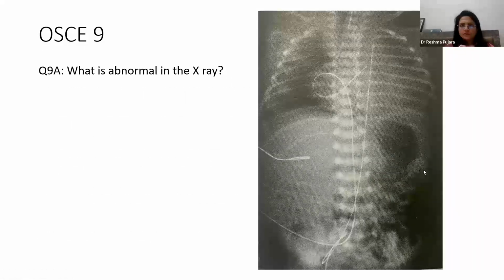Okay, so this is an X-ray. Tell me what is abnormal in this X-ray. Lines in heart. Okay. High UVC and UAC. Okay.